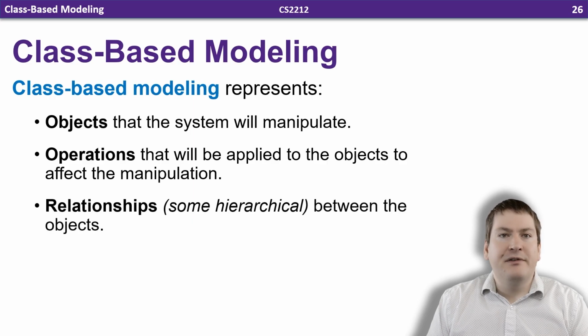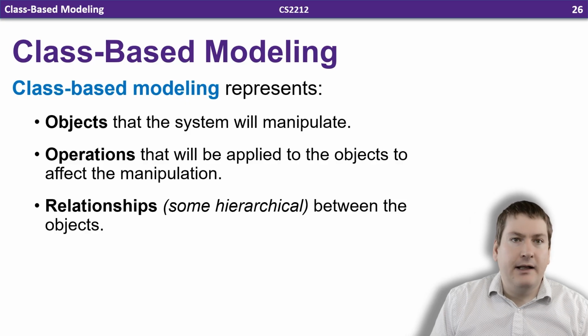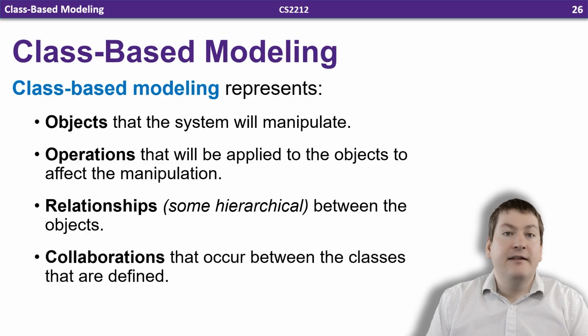We also need to represent the relationships between objects, including generalizations and realizations. These would be like the inheritance and implementation relationships that you might have in something like Java. And lastly, we need to represent the collaborations that occur between the classes.